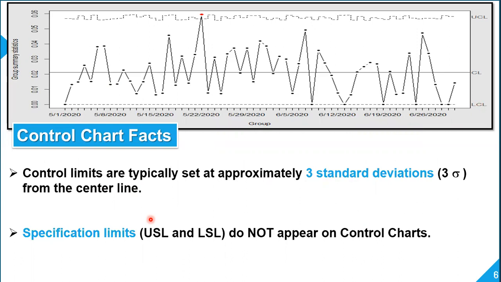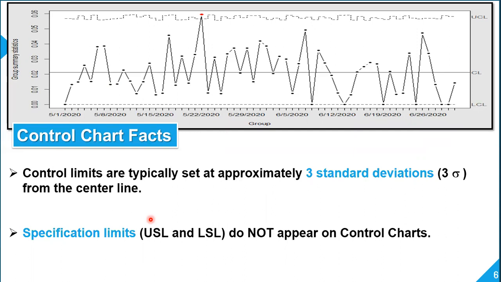Control limits are internal measures where, based on the performance of the process, we get the average of the performance, and then the average, that is the center line, plus 3 standard deviations will give us the upper control limit. I'm sorry, and the average minus 3 standard deviations will give us the lower control limit. So this is how upper and lower control limits get set.